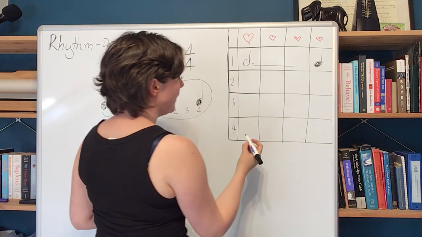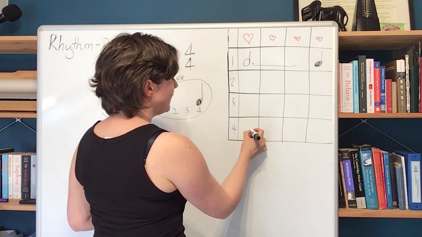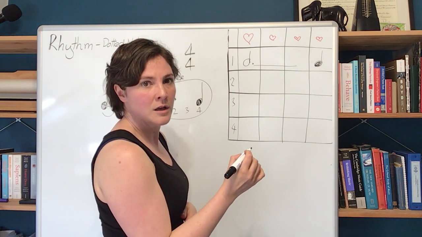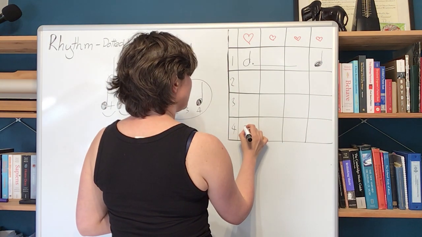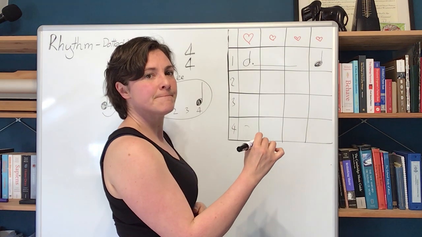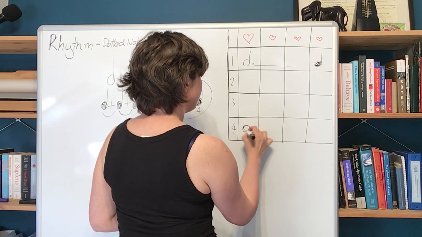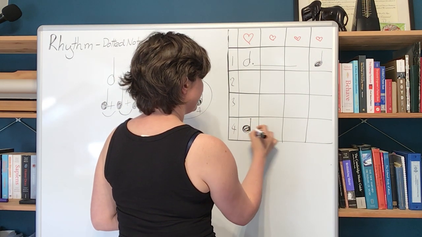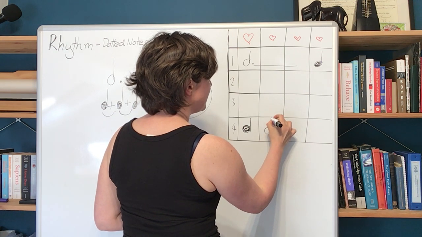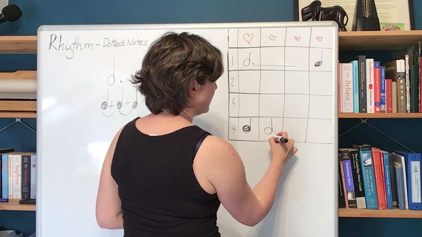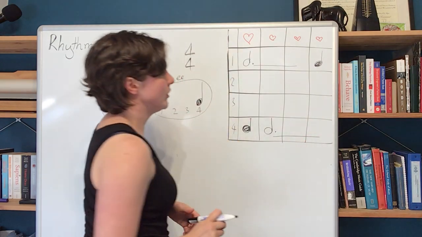And then we're going to have another one of these, and I'm going to put it down here. So you don't have to copy these out today. It's a dotted minim, and it lasts for those 3 bars.